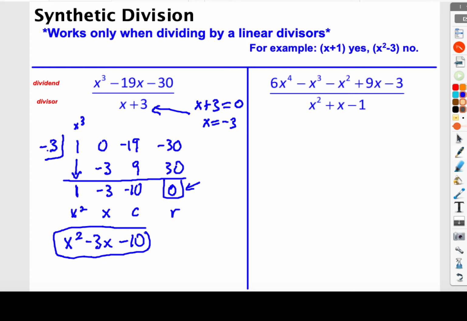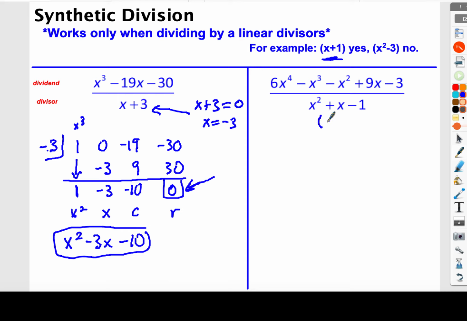Now, over here at the right, it's a little trickier when we've got x squared plus x minus 1. That's not a linear divisor, right? That's not similar to x plus 1 up here. It's an x squared. We could synthetically divide a couple of times over, but that will make for a bit of a mess unless we have a 0 remainder like we did over here at the left. But we can still do it if we can factor the bottom.